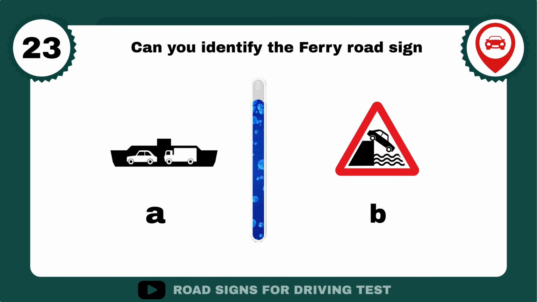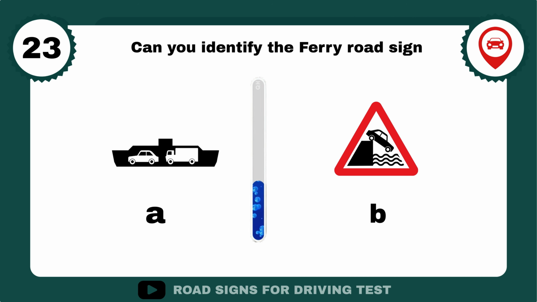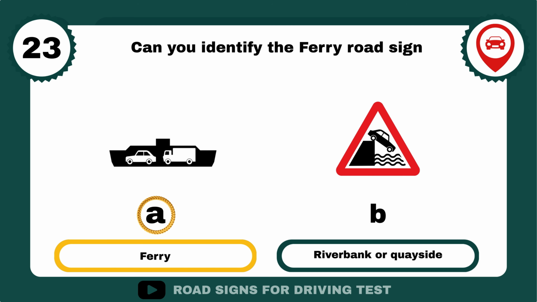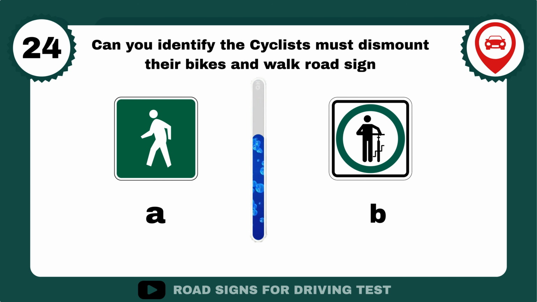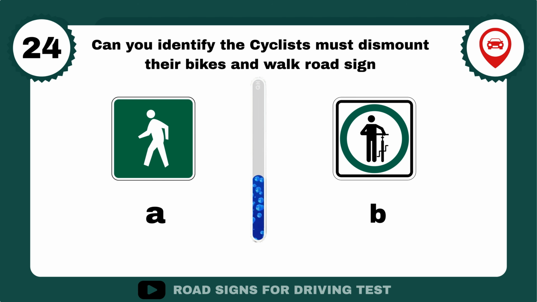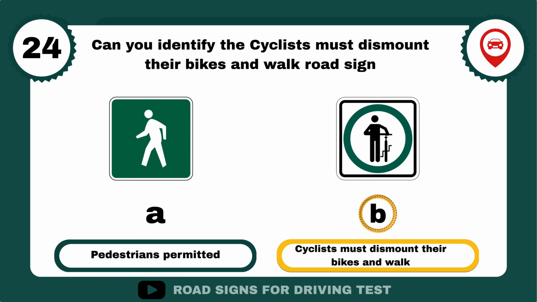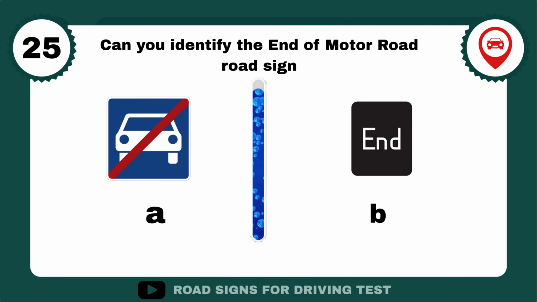Which one tells you there's a ferry crossing nearby? Find the sign that instructs cyclists to dismount and walk. Which sign marks the end of a motor road?